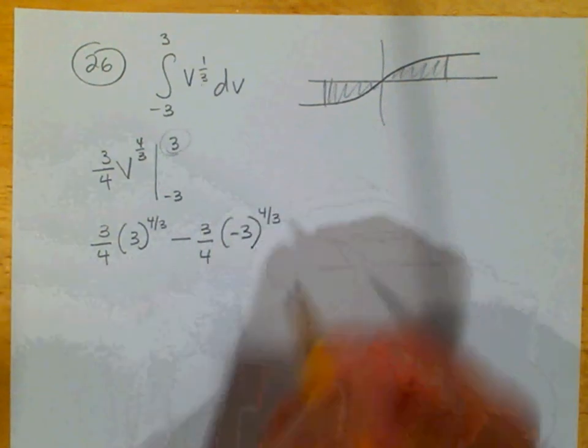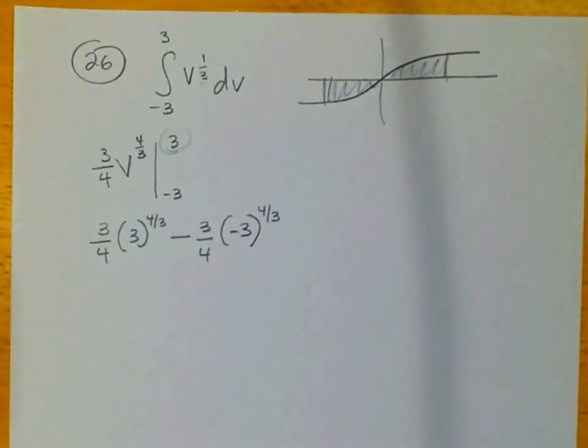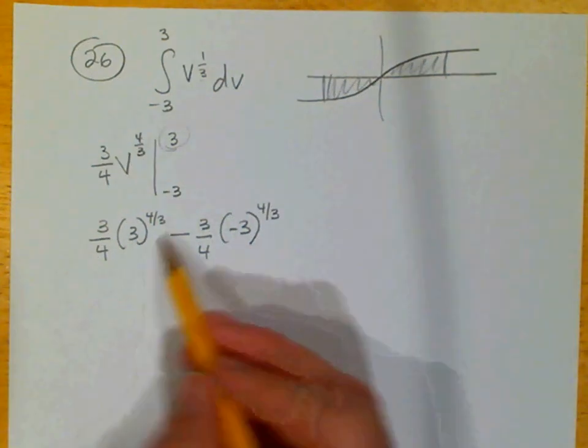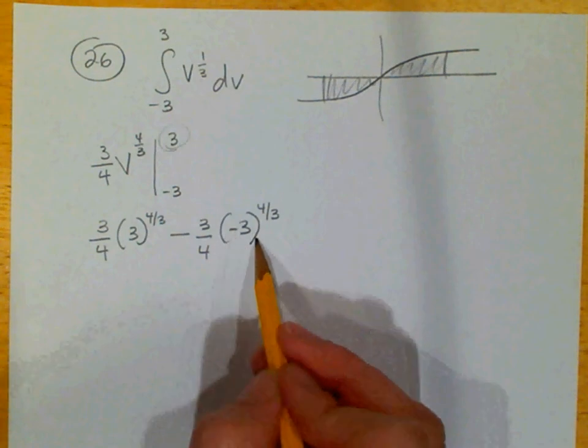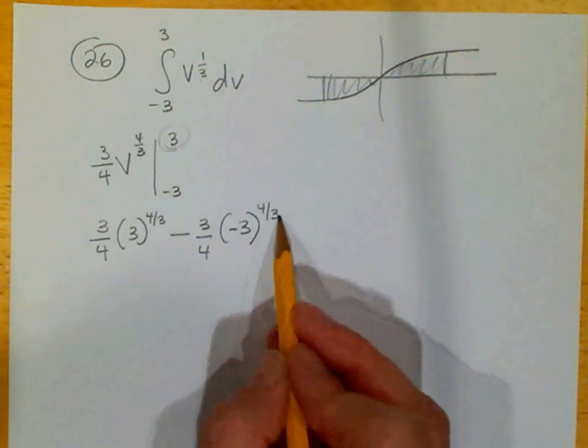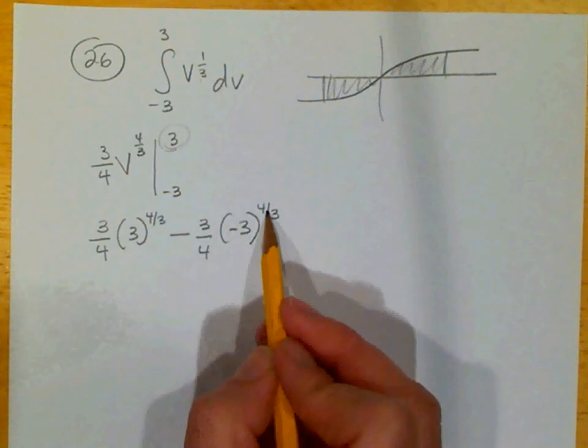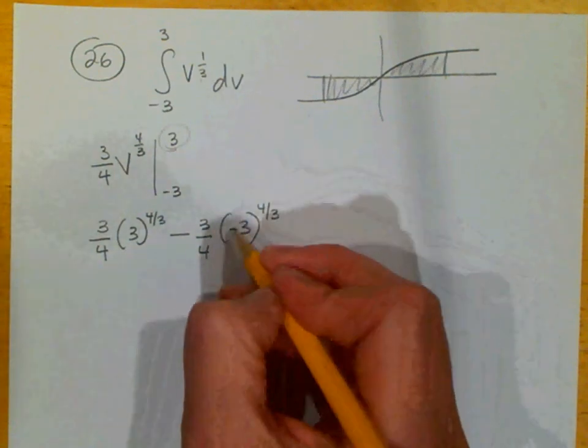And now if you just think this one through, no, I have no idea what 3 to the 4/3 is, but I can tell you that when I take the cube root of negative 3 and then I raise it to the 4th power, this negative is now gone.